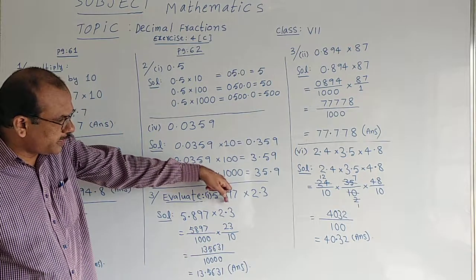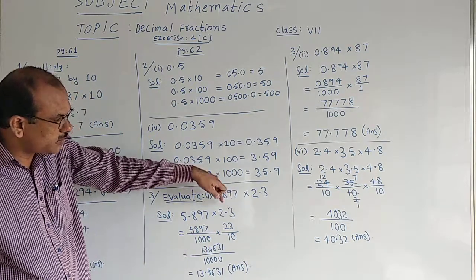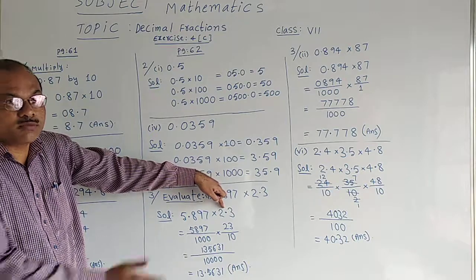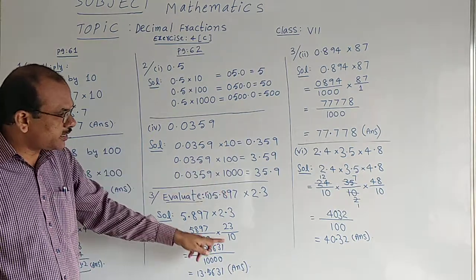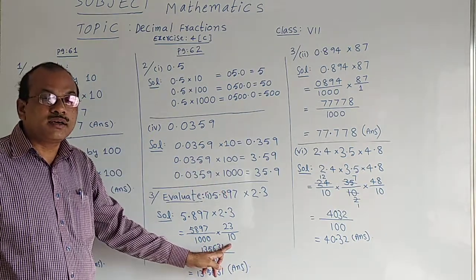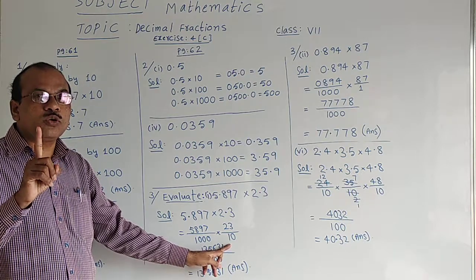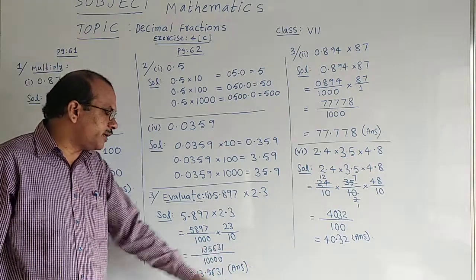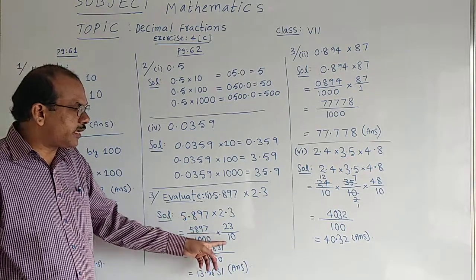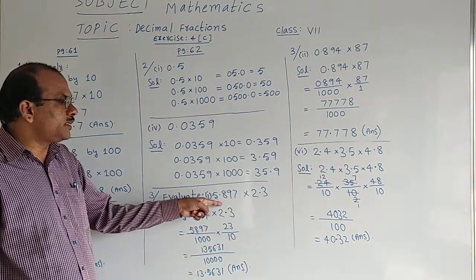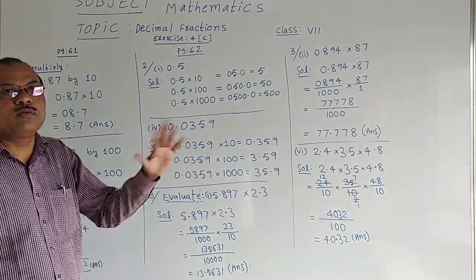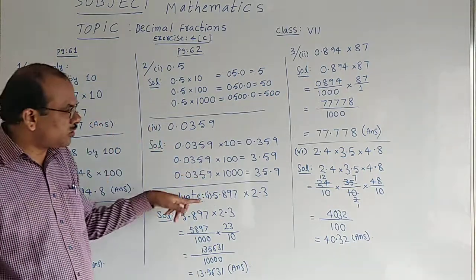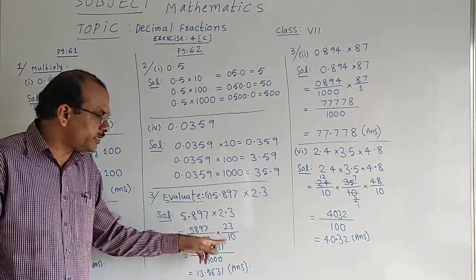Into here, the point is there after 1 digit. To remove the point which is after 1 digit, I should place a number in the denominator with 1 zero. Of course starting should always be 1. That is only 10. Whenever 23 by 10 is written, then the decimal point is disappeared or removed. 2.3 is nothing but 23 by 10.